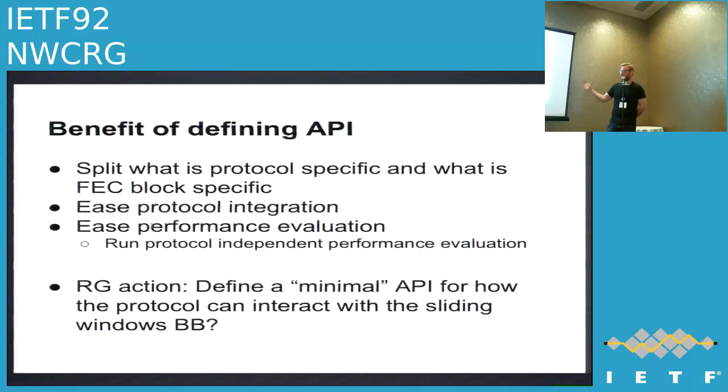Yeah, I don't want to define a protocol here. This would be focusing just on the FEC block, right? What has been done also in RMT and these kinds of things, and then what is the minimal API that we can come up with that allows us to move the window and all these kinds of things. So the API depends on the information, and that's what Vincent and myself and others call the signaling.